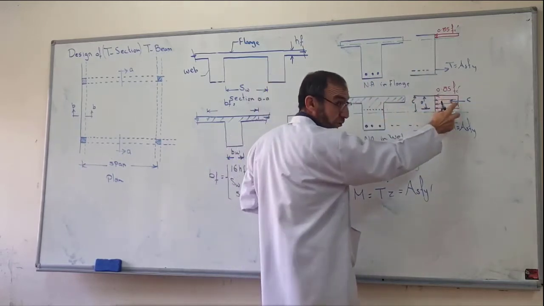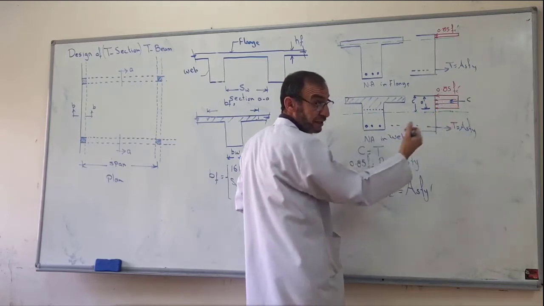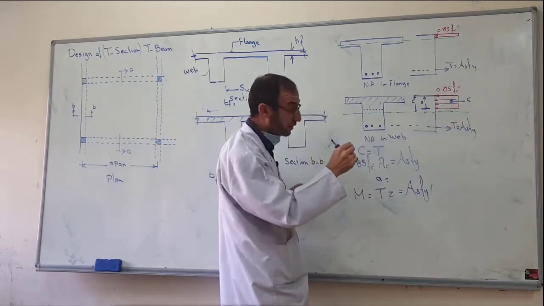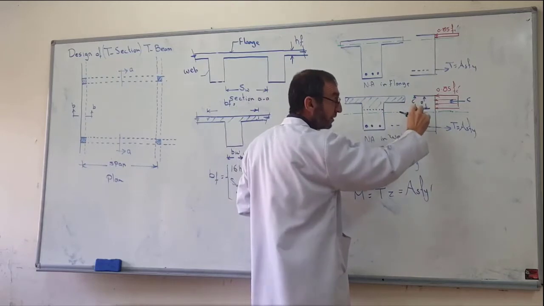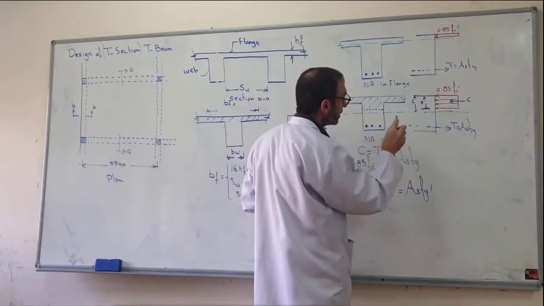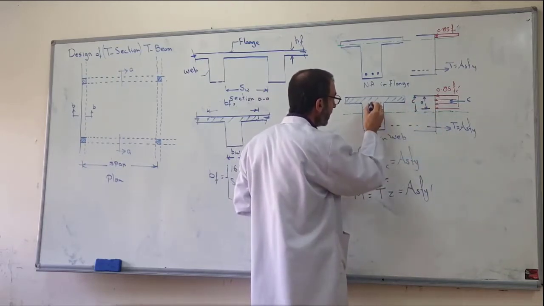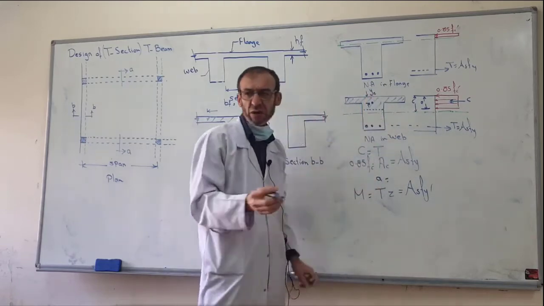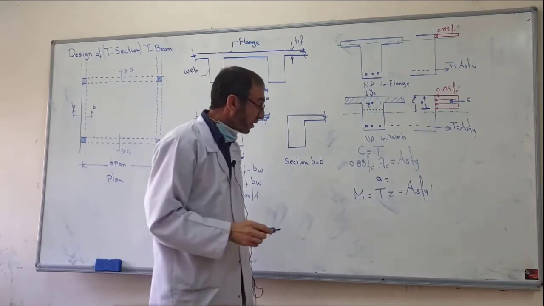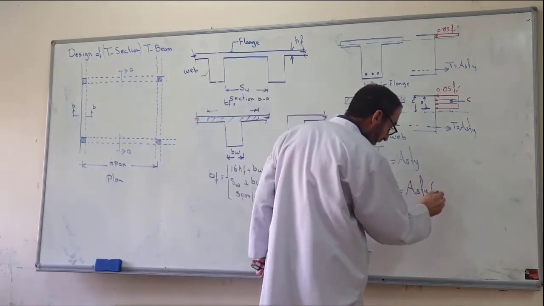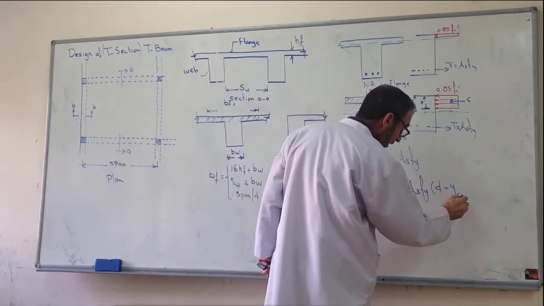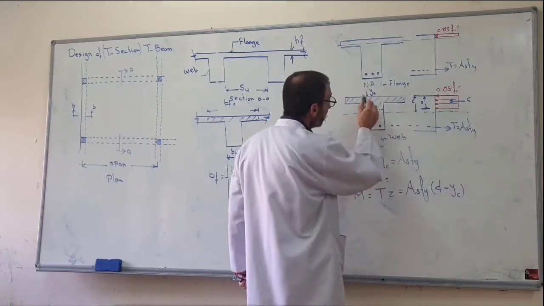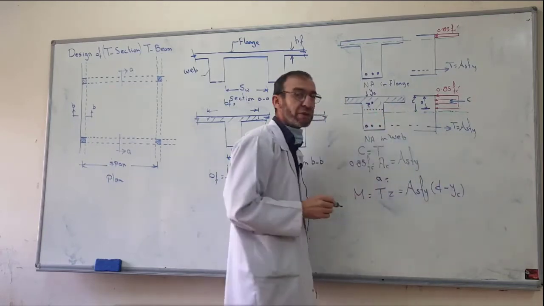The lever arm is not D minus A over 2 as in the rectangular. The resultant compressive force is not located at the center, at mid height, as in the rectangular. So the moment is T times D minus Y, the center of the area that is under compressive force.